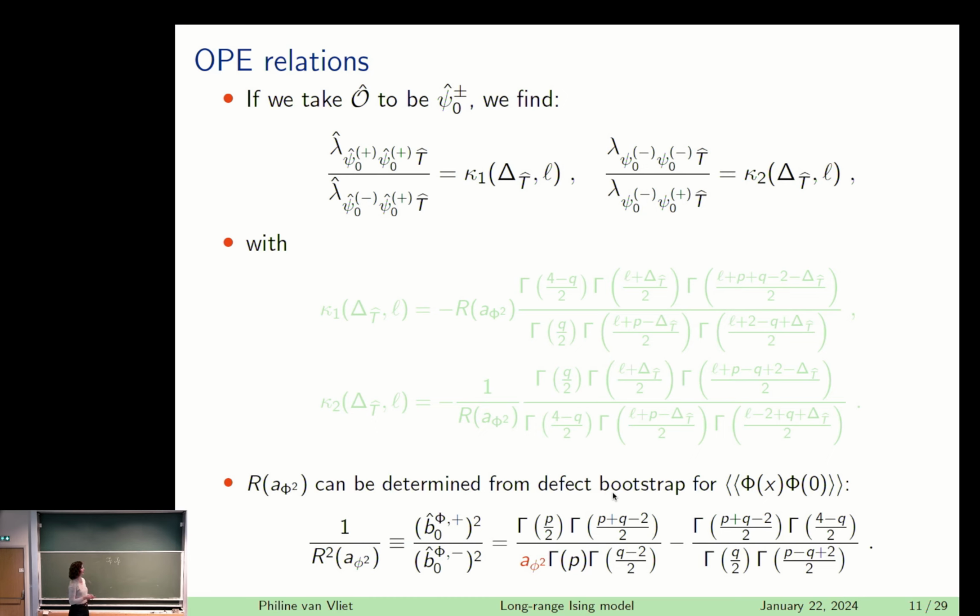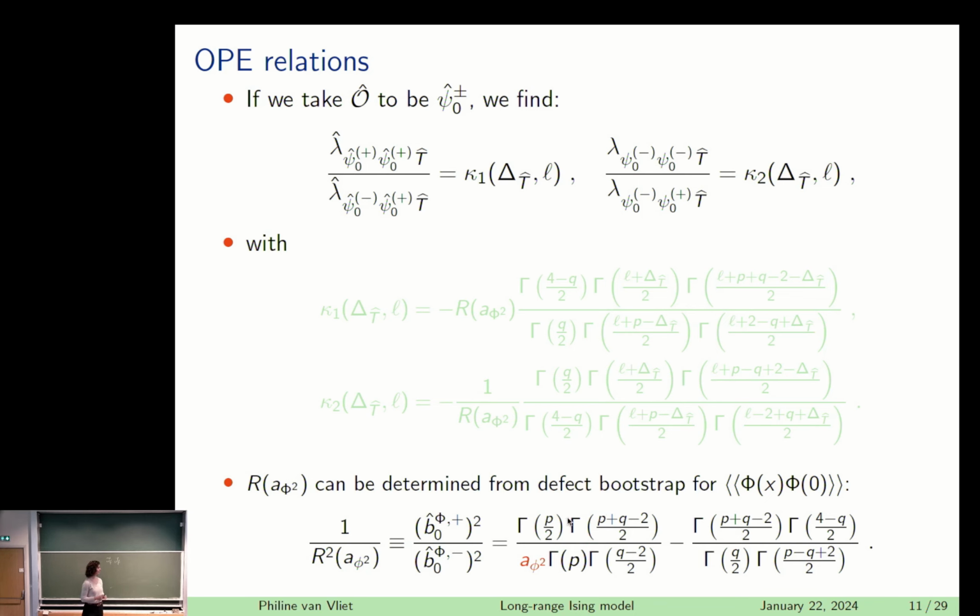So now we can take the second operator to be another plus or minus mode and find two different ratios between them. This is just from plugging in these operators in the expressions we had before. And we can actually write this R, A phi squared, that is defined in this way, in terms of the actual 1-point function coefficient, and hence find a relation between the bulk to defect coefficients and the 1-point function coefficient.